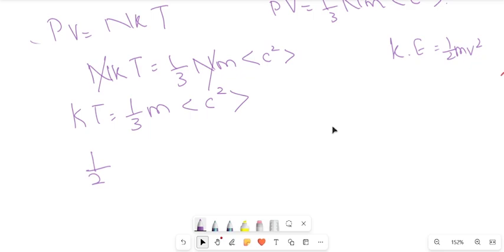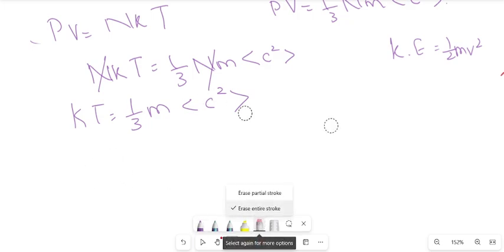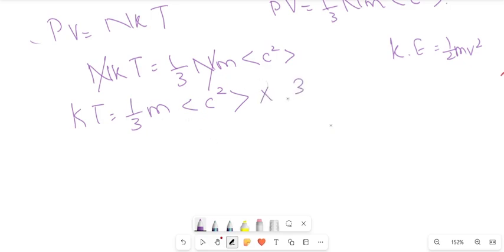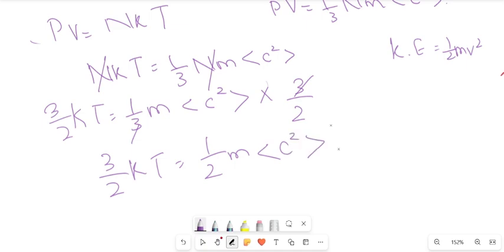Now this is similar to 1 by 2 mv square, the kinetic energy formula. How do I make this 1 by 2 instead of 1 by 3? I multiply this with 3 by 2. If I'm introducing something on my own, I have to do it on both sides. So 3 by 2 KT equals, I cut this and I get 1 by 2 mC square. So it becomes similar to the kinetic energy.